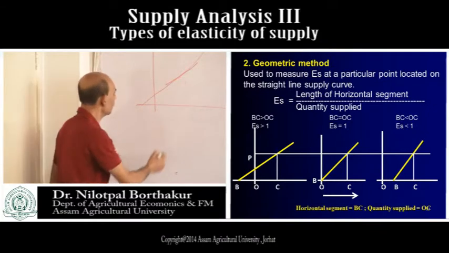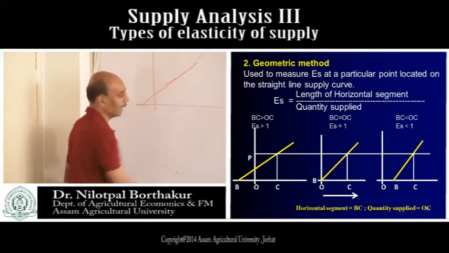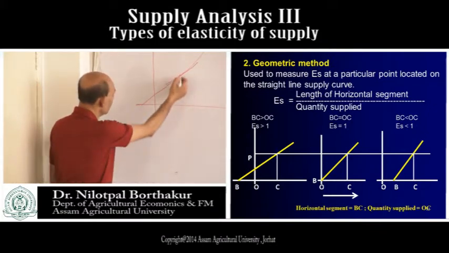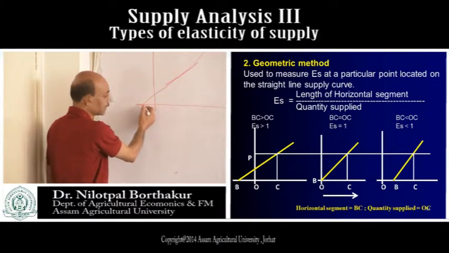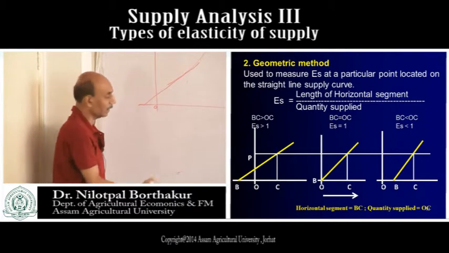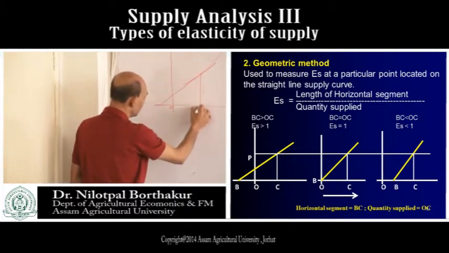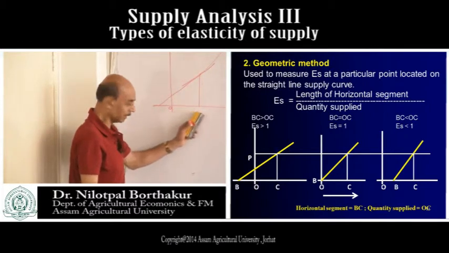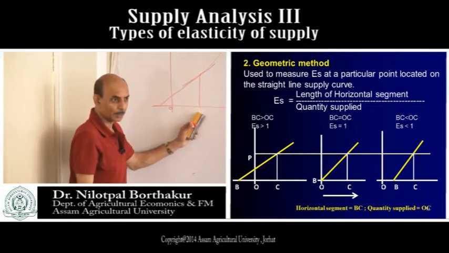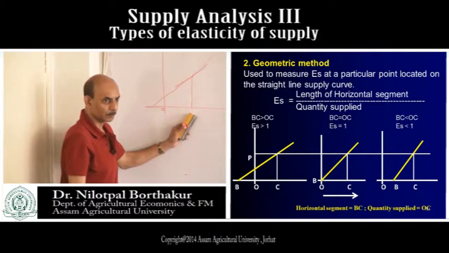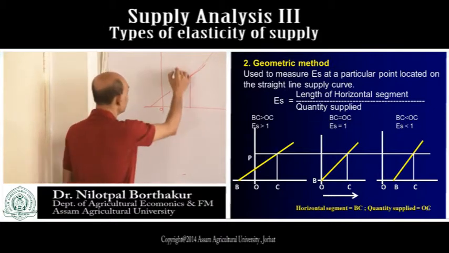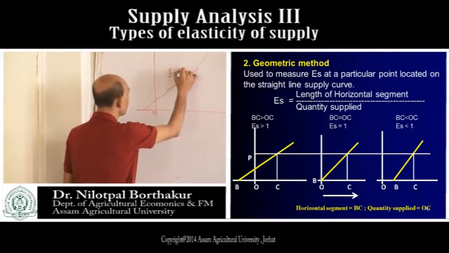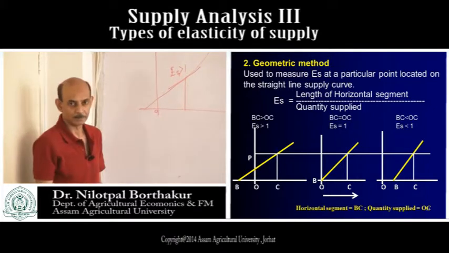We extend this tangent. Here in this case, we find at this point the tangent intersects the x-axis to the left of the origin. And if we estimate the elasticity, the horizontal segment will be more than the quantity supplied. So ultimately the elasticity at this point will be greater than 1.